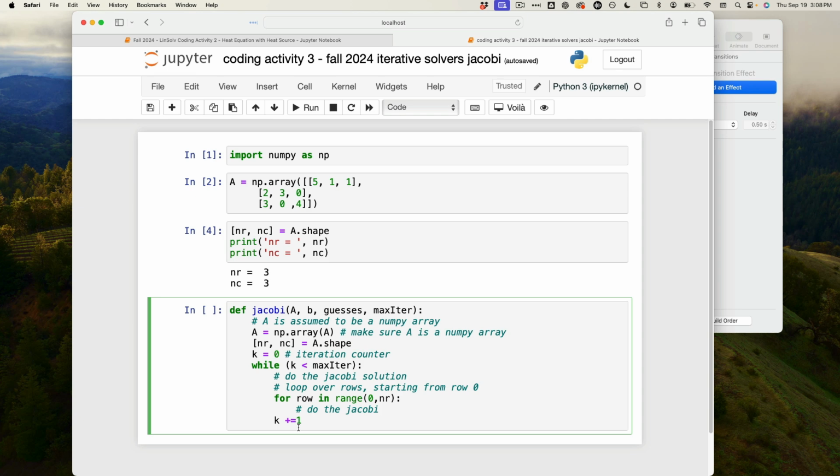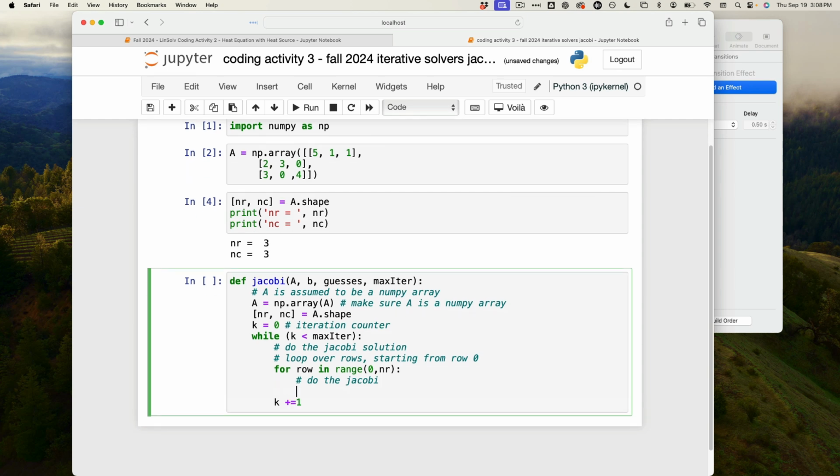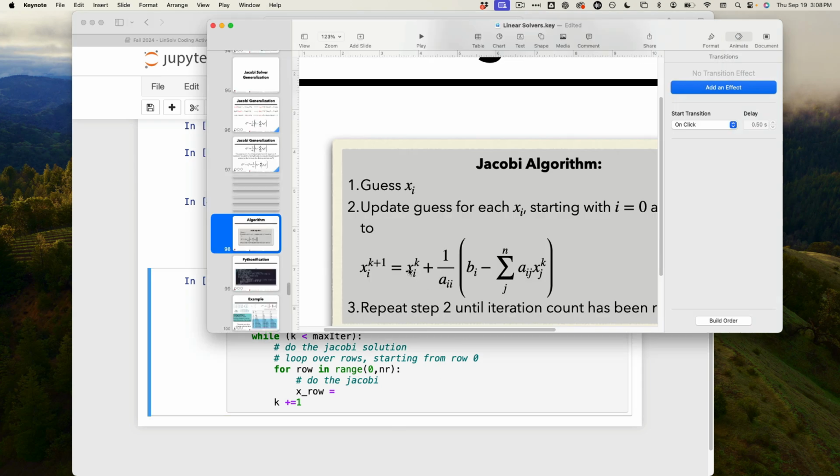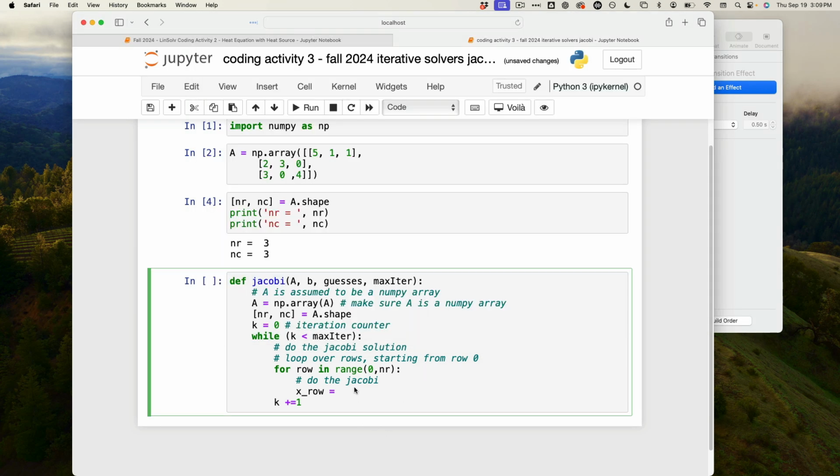So in other words, x for the row, I'm just putting this as a placeholder for a second, is equal to this formula, the old value plus 1 over the diagonal and a bunch of other things here. So let's think about that. I need to store my solution somewhere. I don't have any placeholder for my solution.